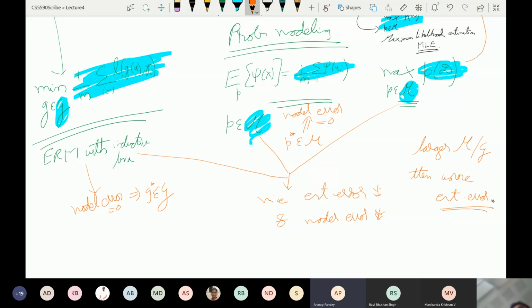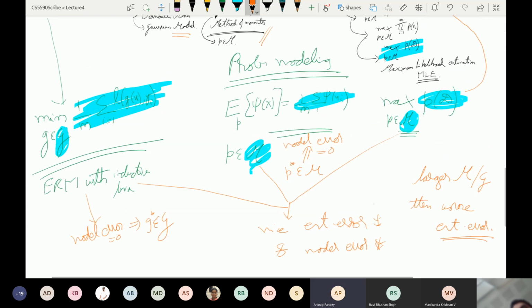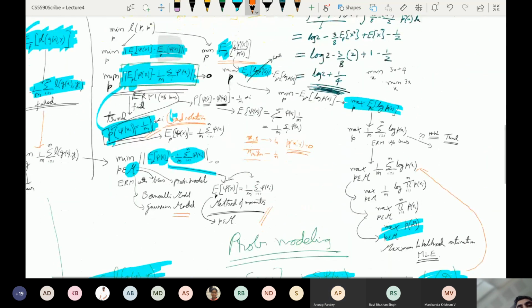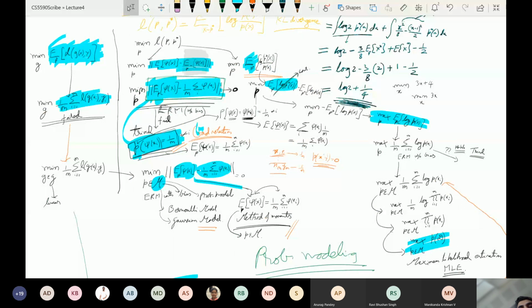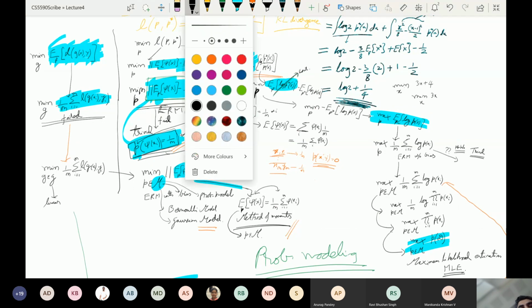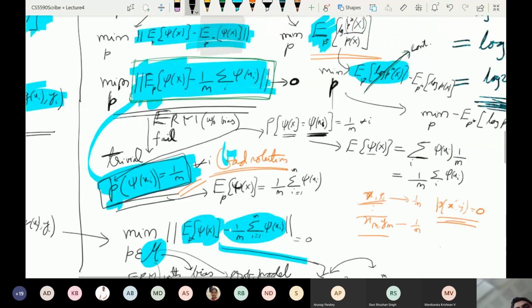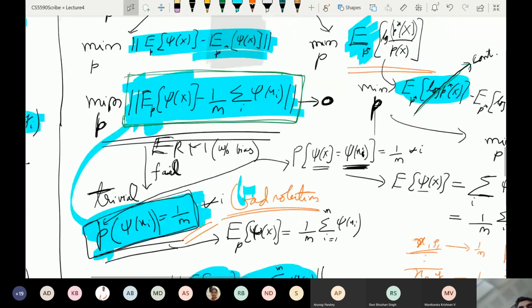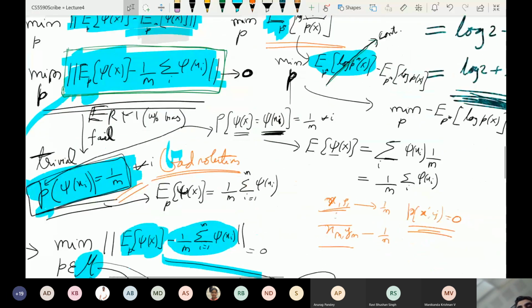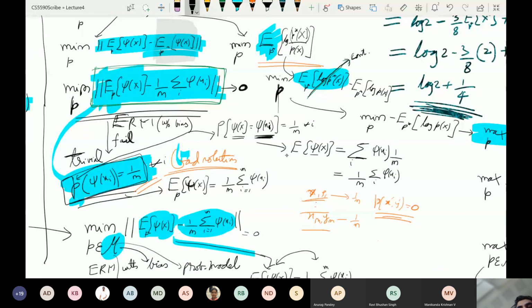Sorry, from the minimization formula, how did you come up with the method of moments? Okay, so most of the time, the models we deal with are rich enough. See, most of the time what will happen is our models are rich enough such that this equality itself has a solution.